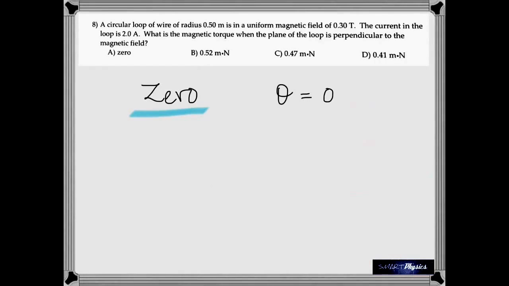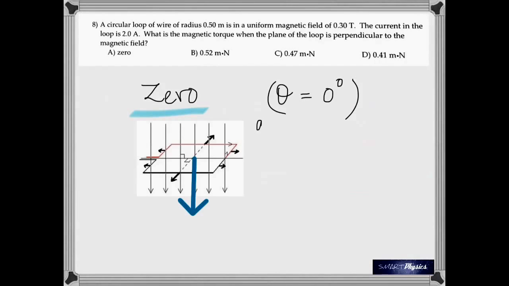You see, if the plane of the loop is perpendicular to the magnetic field, that means the angle made is 0, because we always take the angle with respect to the perpendicular drawn to the coil. Since the angle is 0, the torque is 0, because torque is given by NIAB sine theta. NIAB sine theta, theta 0, sine 0 is equal to 0.